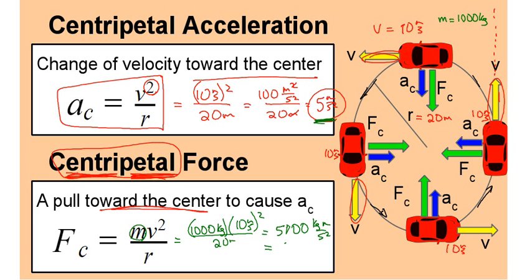And of course you recognize that as our old friend Newton's. Kilogram meter per second squared is a Newton. So I need a force of 5,000 newtons to push this car with a mass of 1,000 kilograms in a circle of radius 20 meters. That's a pretty tight circle, right? So I'm going to have to push pretty hard on the car.